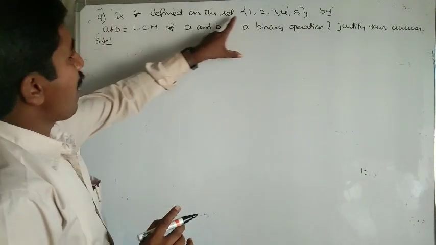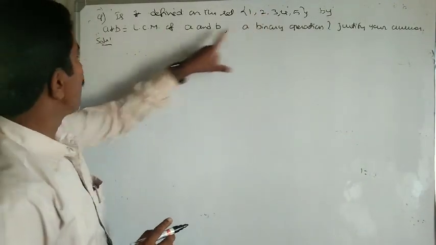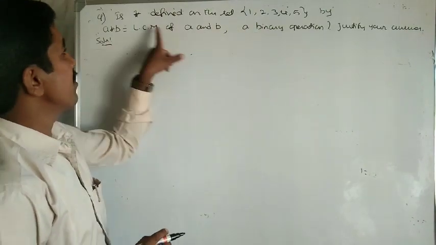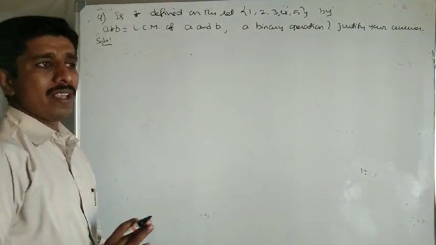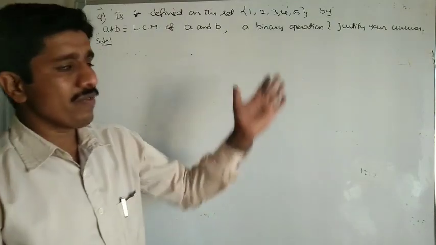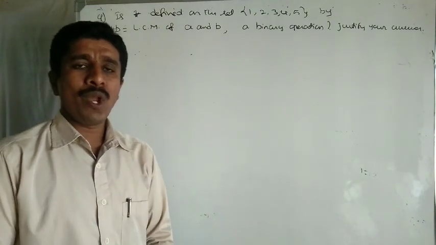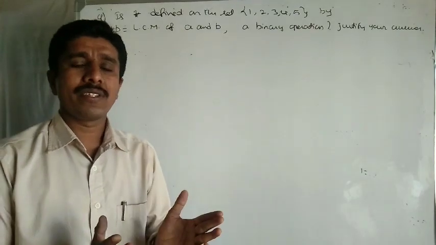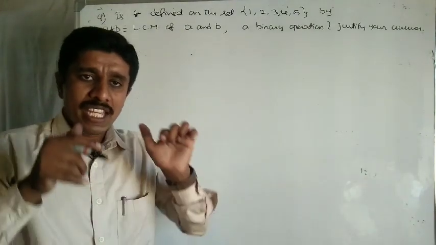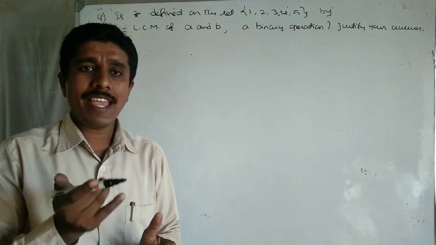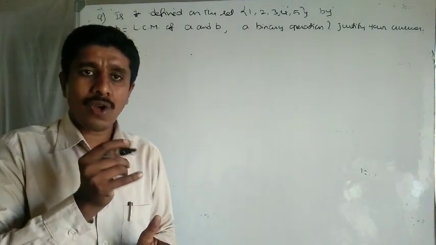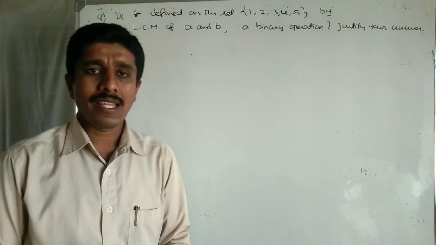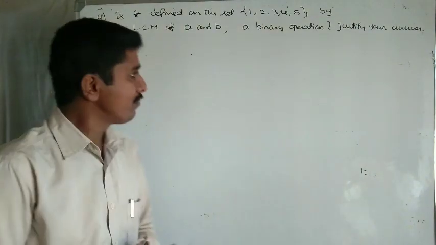Here is star defined on this set by A star B equal to LCM of A and B. Is star a binary operation or not? We have to verify and justify your answer. We know the binary operation definition: you take any two elements in the given set which gives a unique element in the same set with respect to the given operation, then we say that star is called a binary operation, otherwise not.